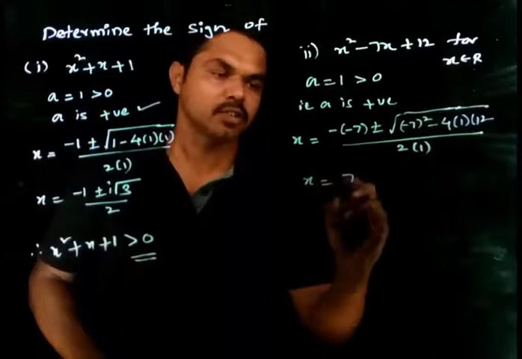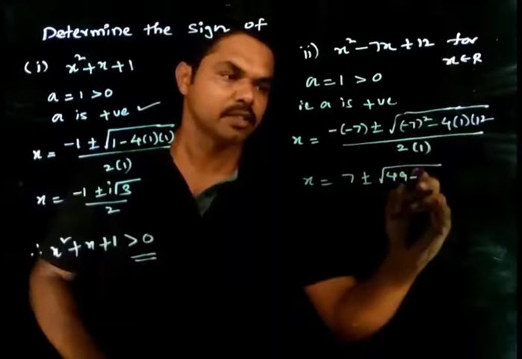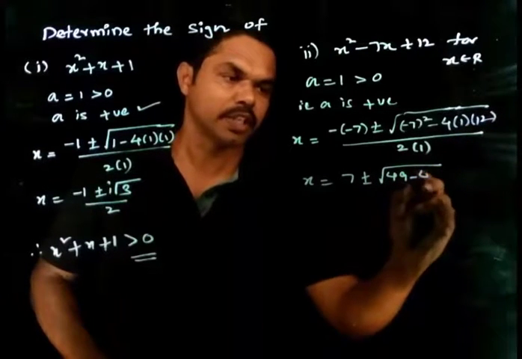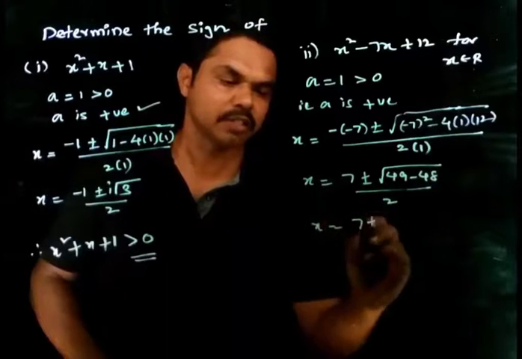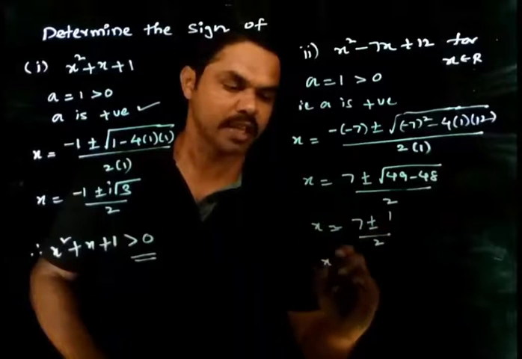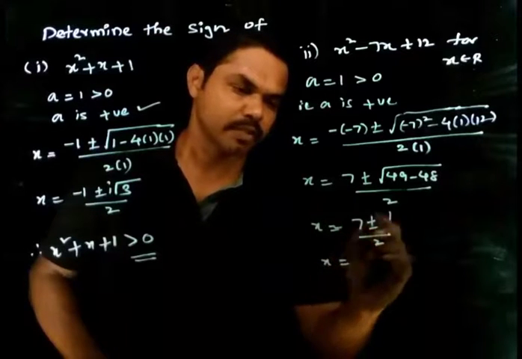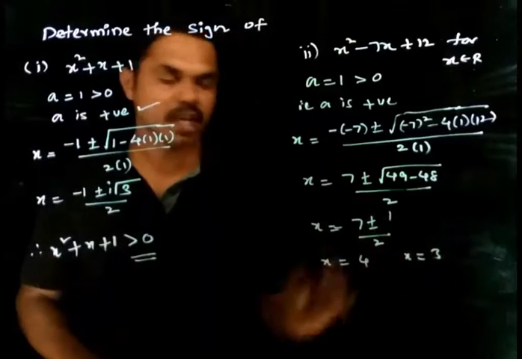So x is equal to 7 plus or minus root over 49 minus 12 fours are 48 by 2. So x is equal to 7 plus or minus 1 by 2. So x is equal to 7 plus 1 by 2, that is 4, and 7 minus 1 by 2, that is 3. So one root is 3, another root is 4.